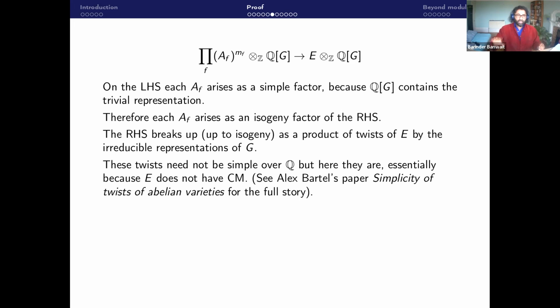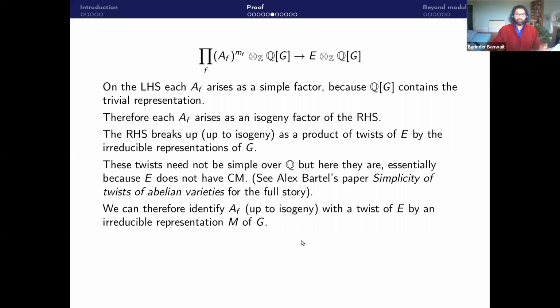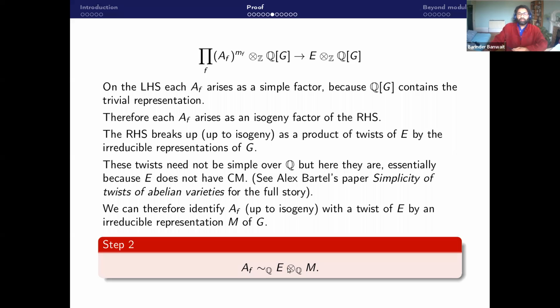So in this case, we can conclude that each of the A_F that arise on the left-hand side can be identified with an E tensor M, where we are twisting the elliptic curve E by an irreducible representation M, which you can also think of as an irreducible Q[G]-module.